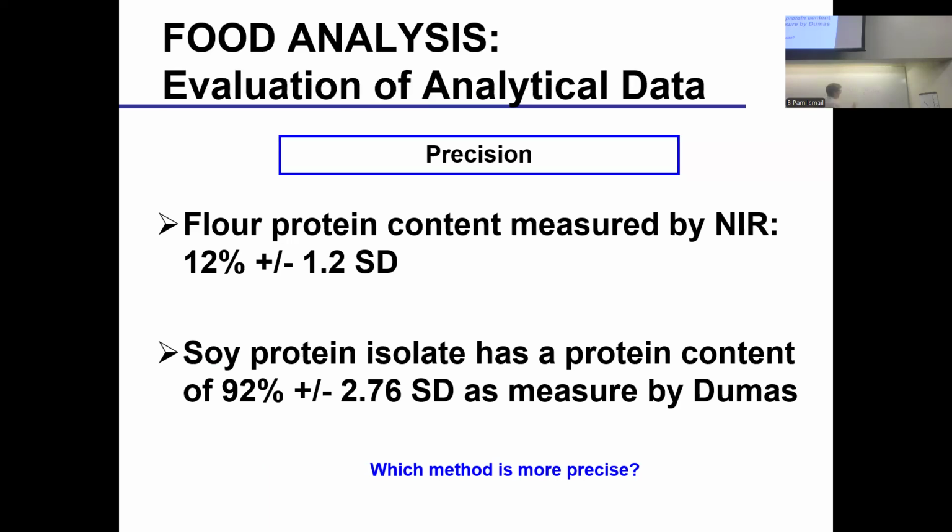All right, so for the flour sample, my standard deviation is 1.2, my mean is 12. So my coefficient of variation here is 10%, correct? Are we all following? All right, good.